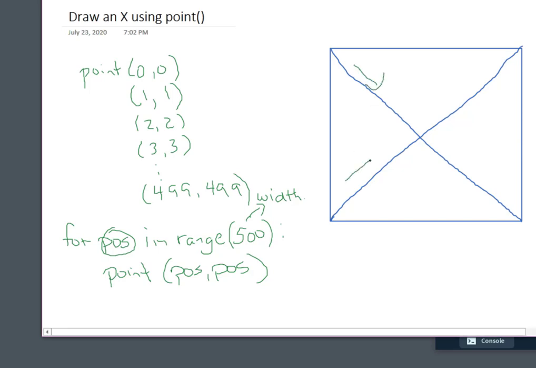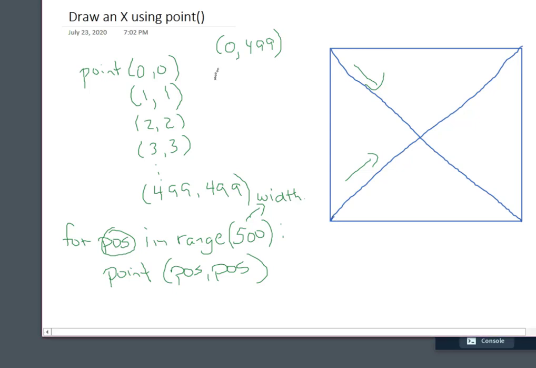What about the line going this direction? Well, once again, I'm going to write it out and think about what points I would need in order to make a line that goes from the lower left to the upper right. My positions would be from X equal to 0, and my first Y value would be equal to 499. So that would get me this position down here.